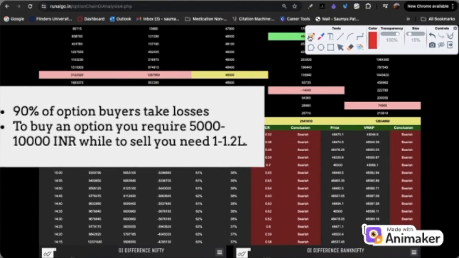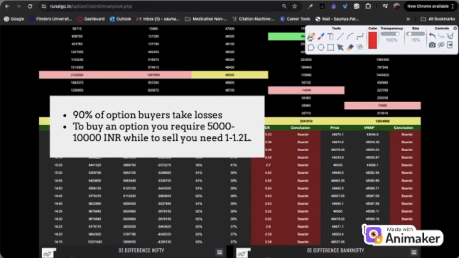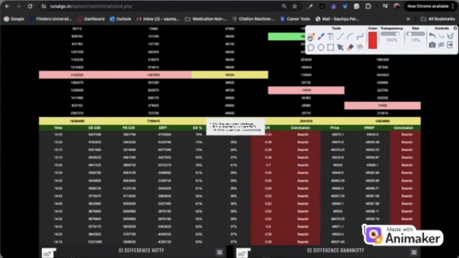Due to this, the market is divided into two parts: someone who has a lot of money and sells options, and someone who has very little money and buys options. So many retail players who have just some money in their trading account usually just buy the options, because they can't sell them.